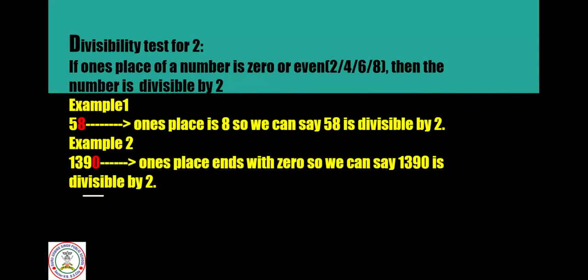One's place is 8, so we can say 58 is divisible by 2. Example 2. 1390. One's place ends with 0, so we can say 1390 is divisible by 2.